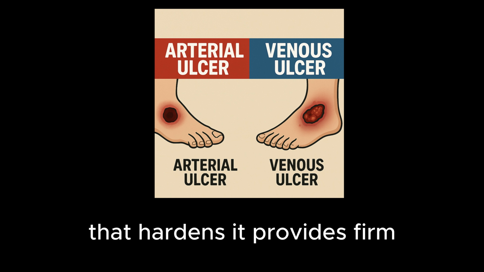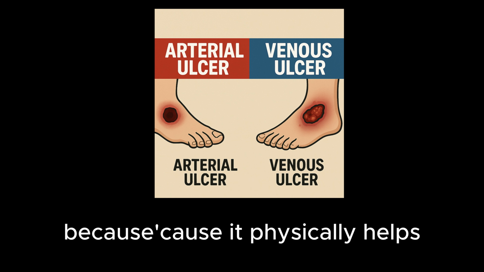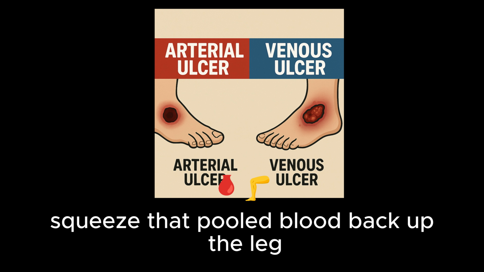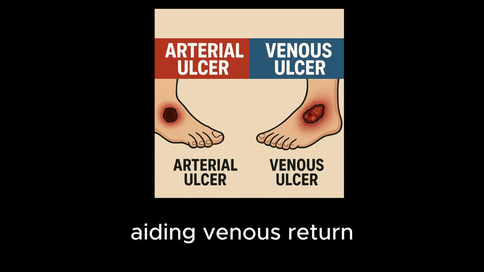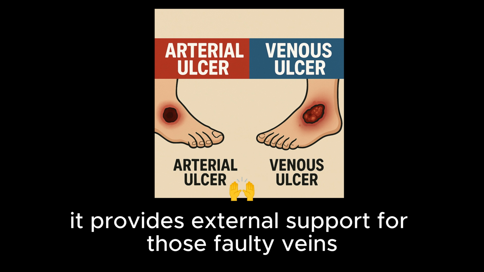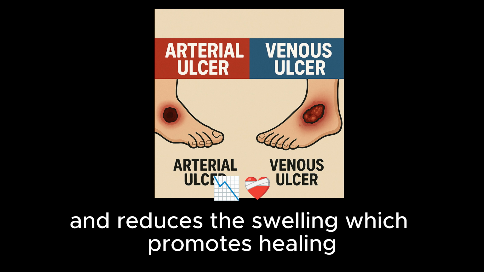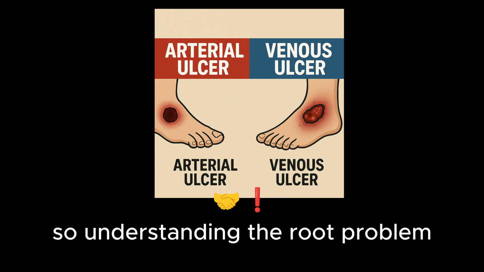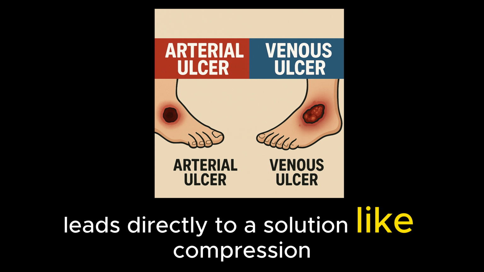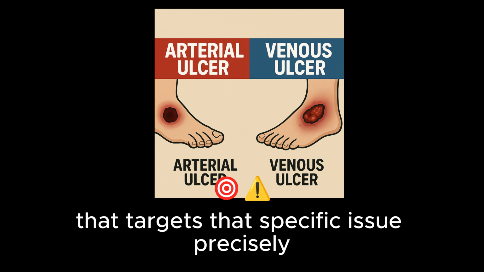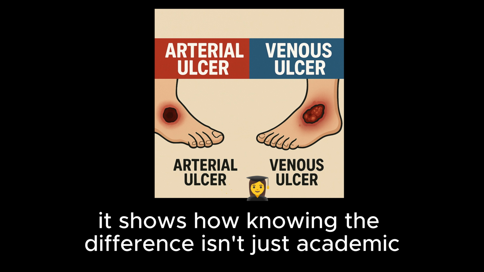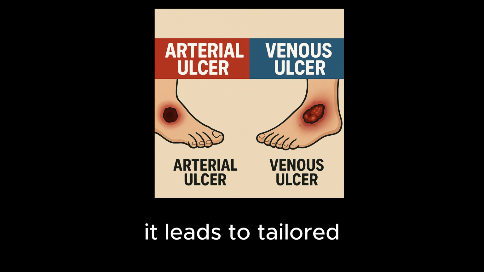It provides firm, consistent compression. And that helps because it physically helps squeeze that pooled blood back up the leg, aiding venous return. It provides external support for those faulty veins and reduces the swelling, which promotes healing. So understanding the root problem, poor drainage, leads directly to a solution like compression that targets that specific issue. Precisely. It shows how knowing the difference isn't just academic. It leads to tailored, effective care.